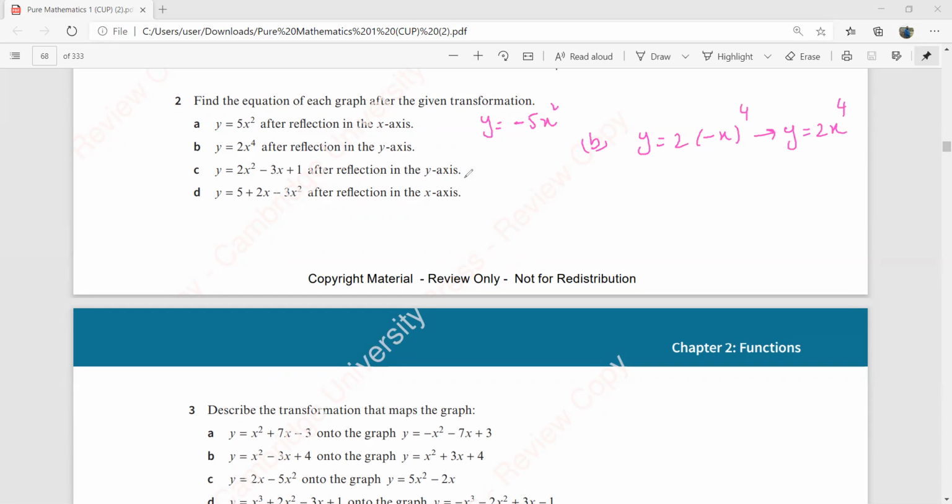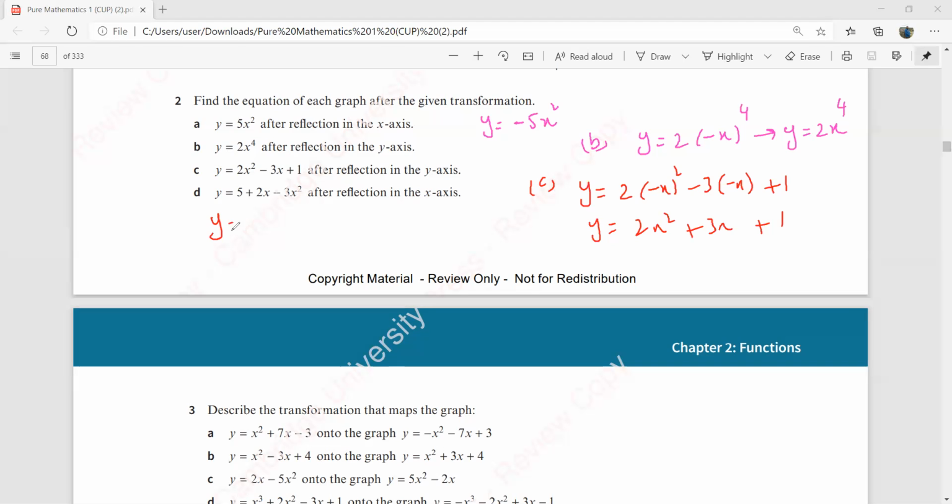This is reflection in the y-axis, the c part. For the c part, you have y equal to 2 into minus x squared minus 3 into minus x plus 1. So this is y equal to 2x squared plus 3x plus 1. And for the d part, reflection in the x-axis.